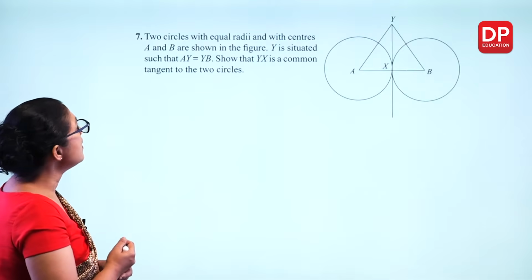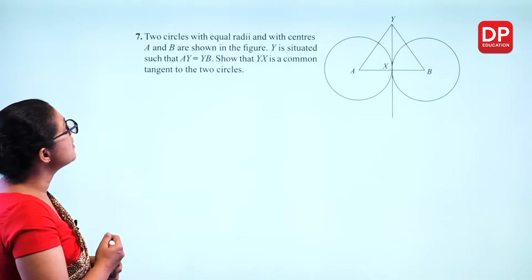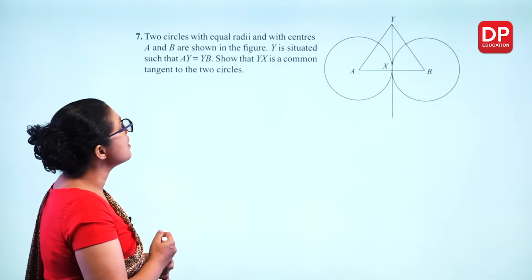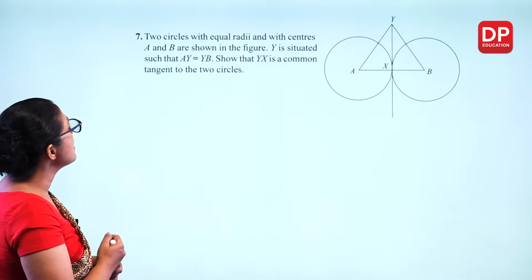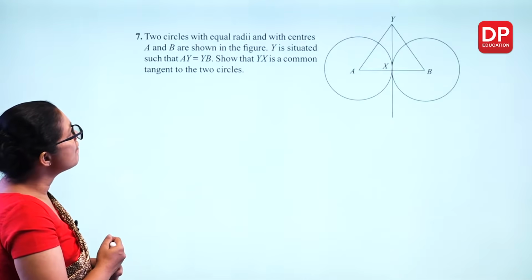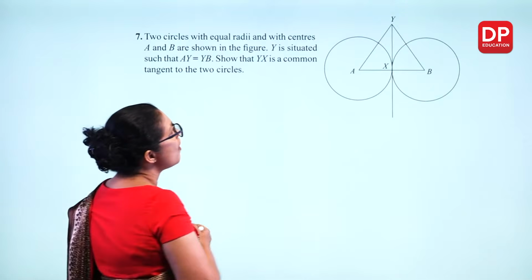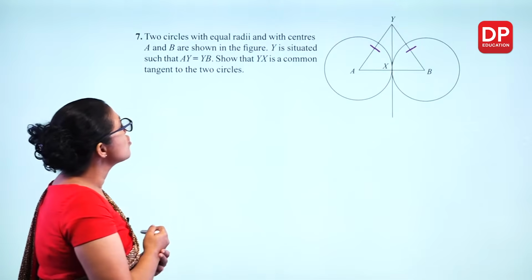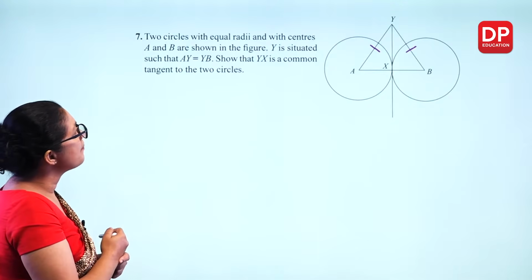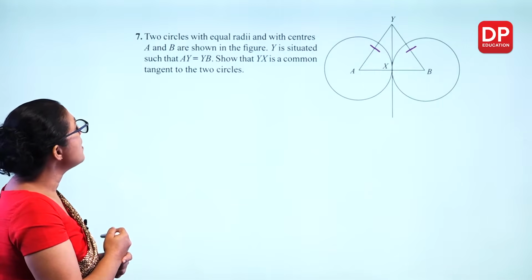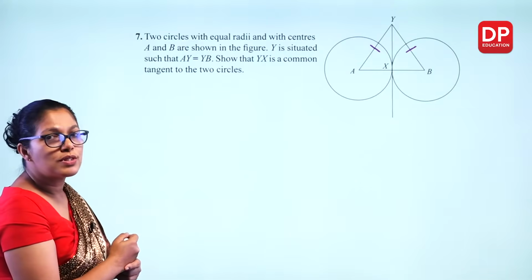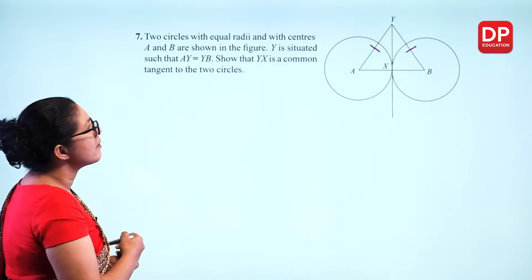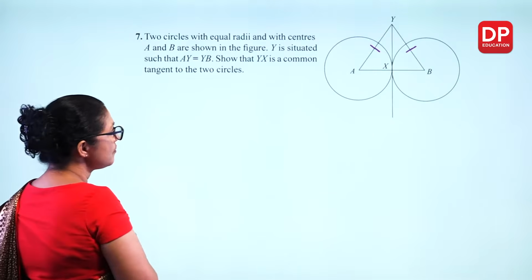Question number 7. Two circles with equal radii and with centers A and B are shown in the figure. Y is situated such that AY is equal to YB. So this length is equal to this length. Show that YX is a common tangent to the two circles. Look at the triangle.